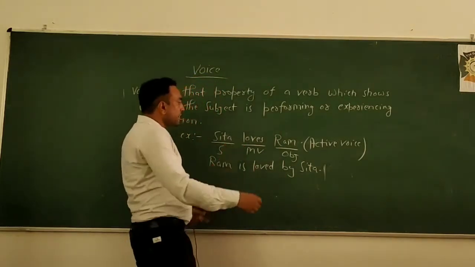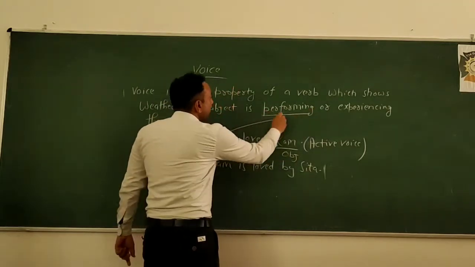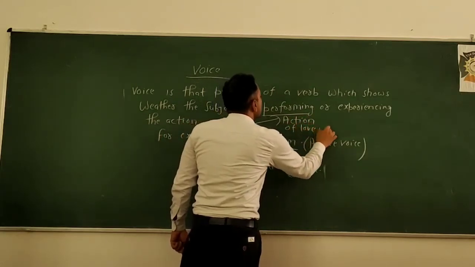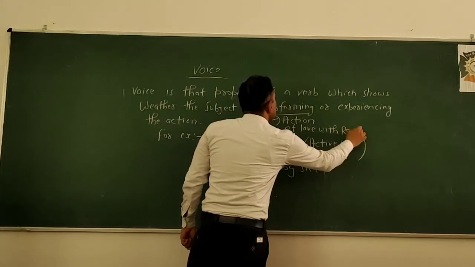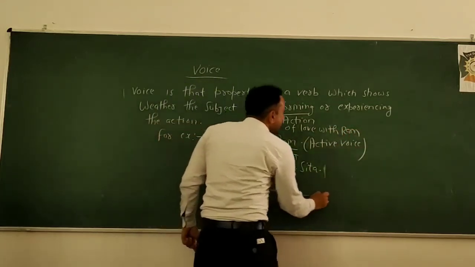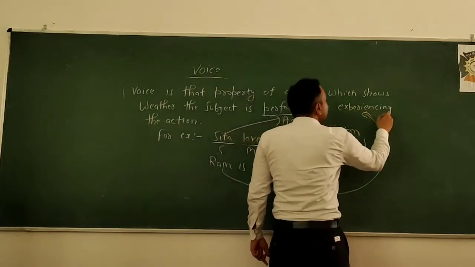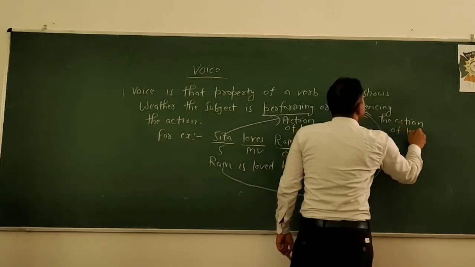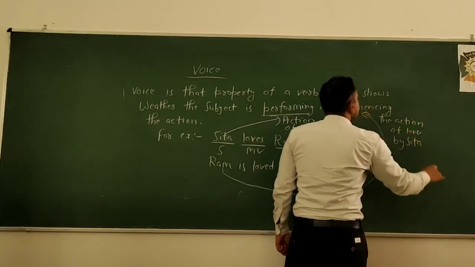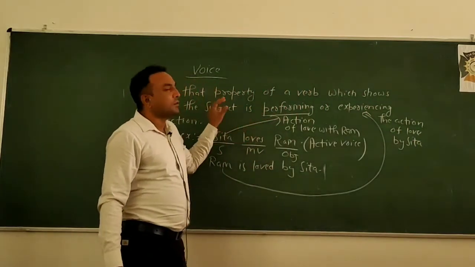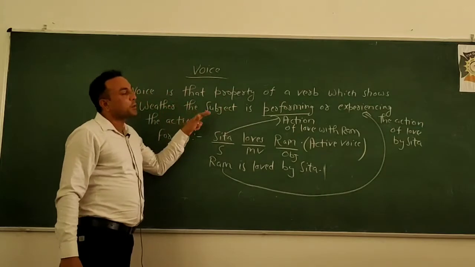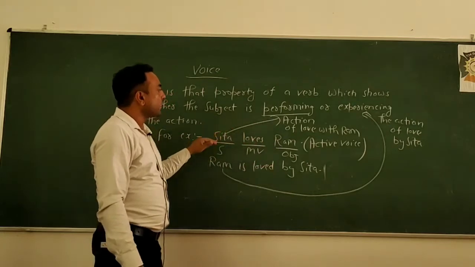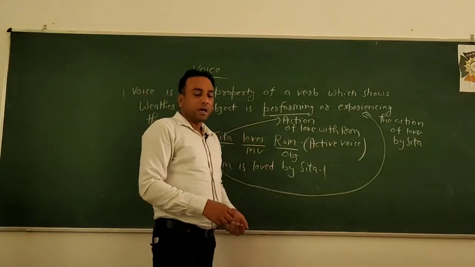In the first sentence, Sita is performing the action of love with Ram, but in the second sentence, Ram is experiencing the action of love by Sita. So I think the definition of voice is clear to you. Voice is that property of a verb which shows whether the subject is experiencing the action or performing the action. With examples I have explained it to you. I think you got it.